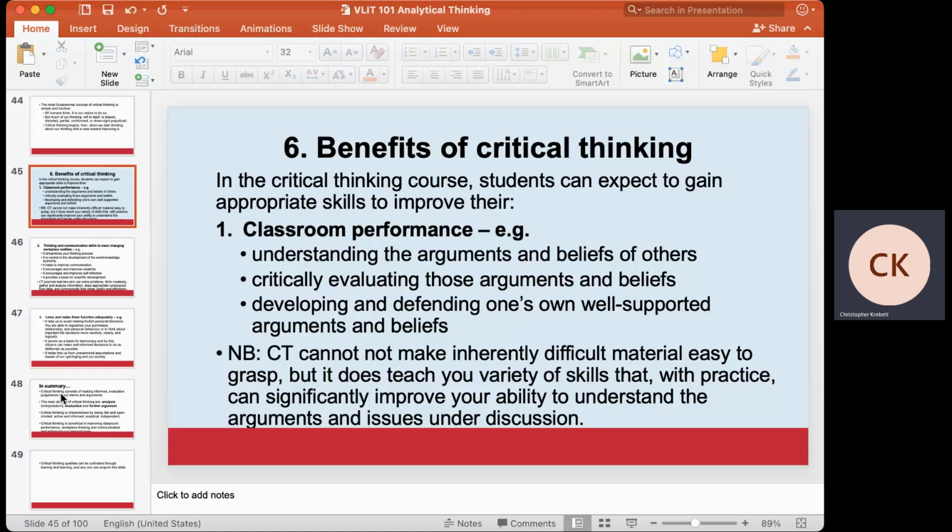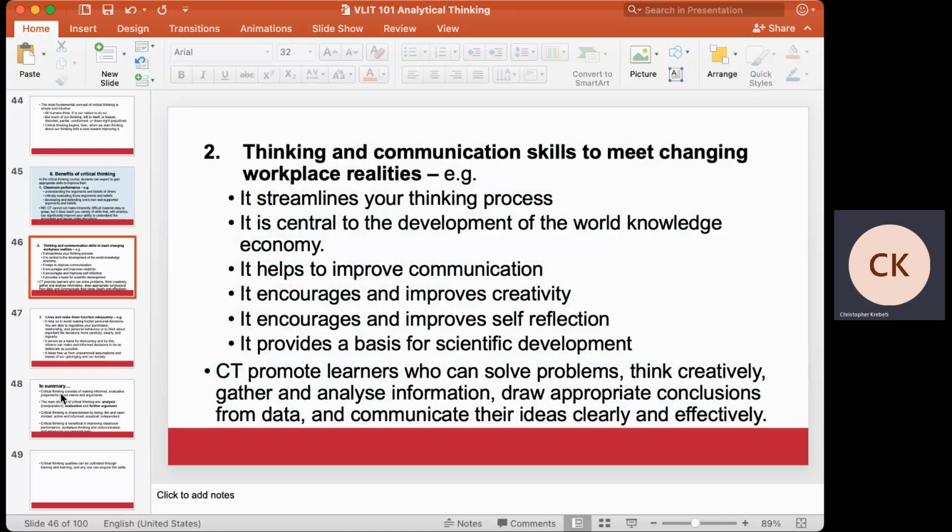No, it will not become easy. But rather, critical thinking has made available to you all the skills you need to analyze and evaluate an argument. And then you'll be able to bring in your own opinion. That is the further argument. Be able to do all of that.